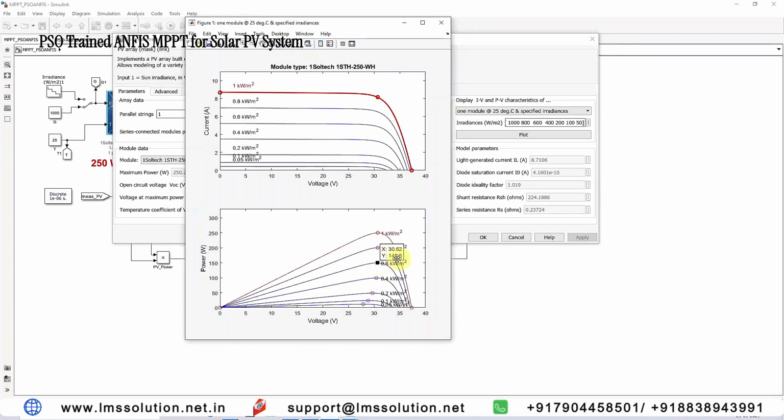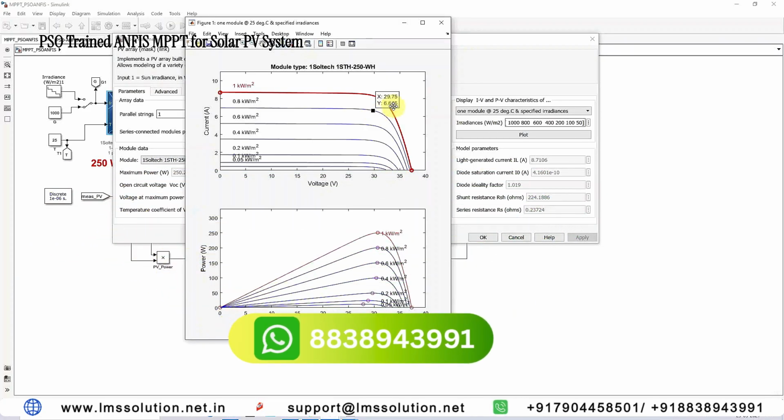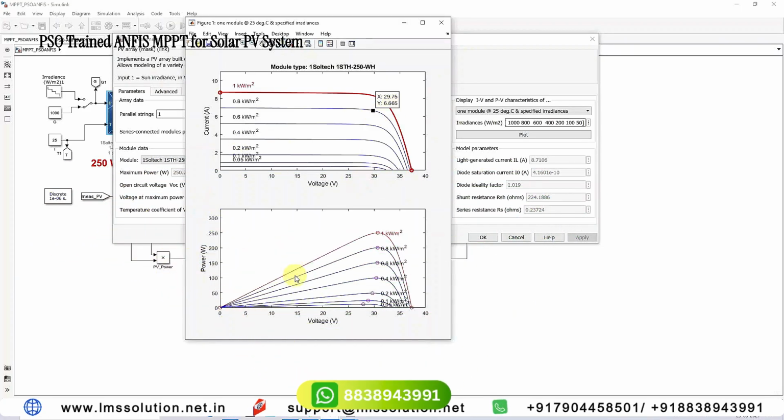For 600, the maximum power is 149.6 watts and the voltage is 30.62. For 400, the maximum power is 98.97 and the voltage is 30.47. In the same way you can see the different current levels. At 1000 watts per meter square the current is 8.15, and for 800 it is 6.6 amps. So these are the IV and PV characteristics of the considered PV panel.